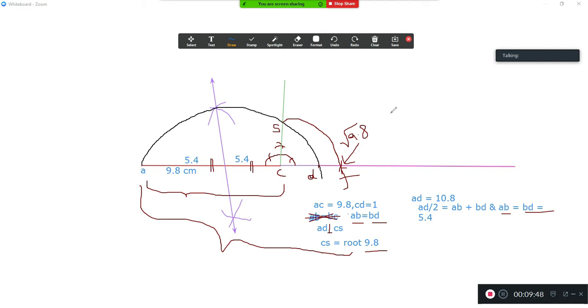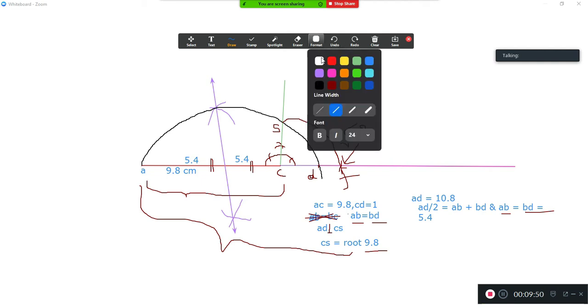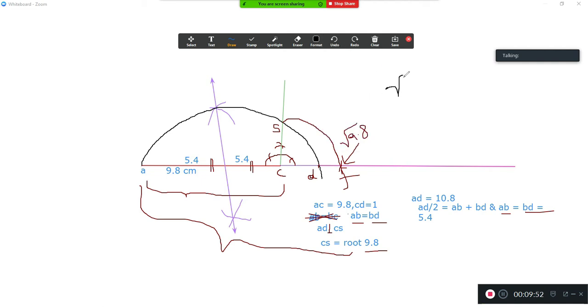Actually, if we make root 2 on the number line, then we know that root 2 equals 1.414. So we need to take a length of 1 unit perpendicularly at 1 unit and join this line and then make a mark here.